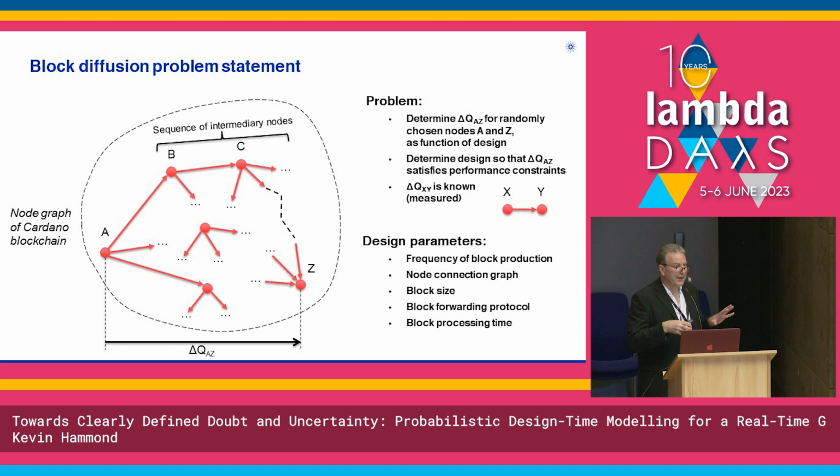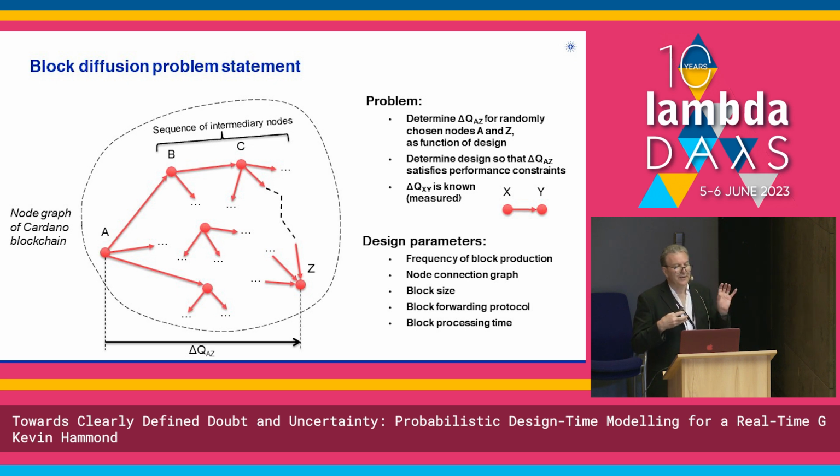Here is what the block diffusion problem is overall. We've got a series of connected nodes in a graph. So A, B, C, these are all nodes in the graph that are passing on blocks in some sequence. And what we want to know is, if you're going from A to Z, what is the overall block diffusion cost?